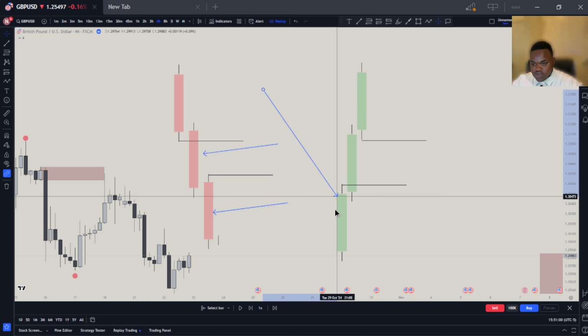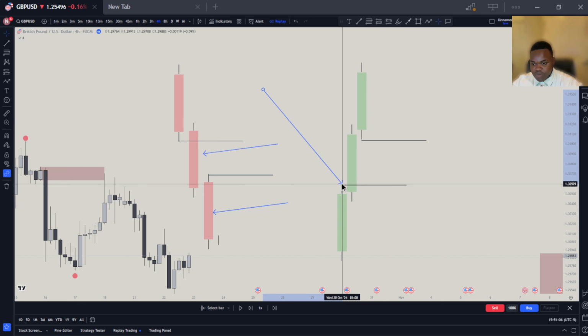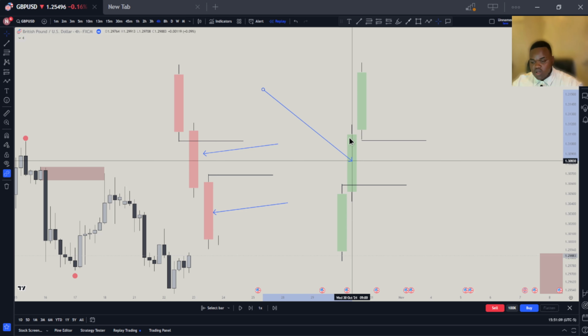What this is telling us is that at this point in time in the market, there are only buyers and, let's just say, few sellers. There are not that many sellers in the market, just buyers.